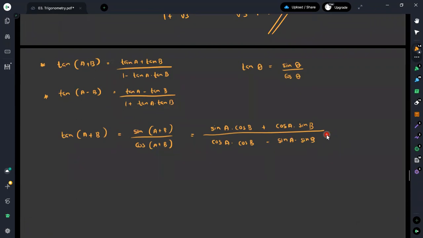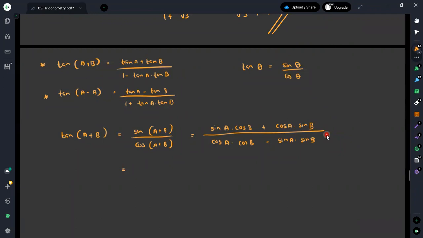In the denominator, the first term is 1 and the next term is connected with a minus sign, and it also has tan ratios. Therefore, what I can do is divide each and every term of this quotient by cosine A times cosine B. Simply we are dividing numerator and denominator by cosine A times cosine B.